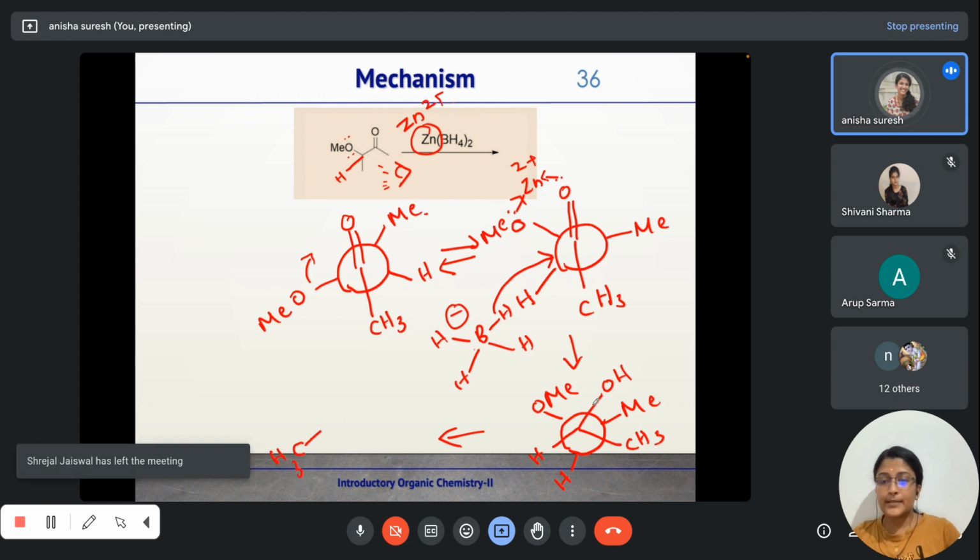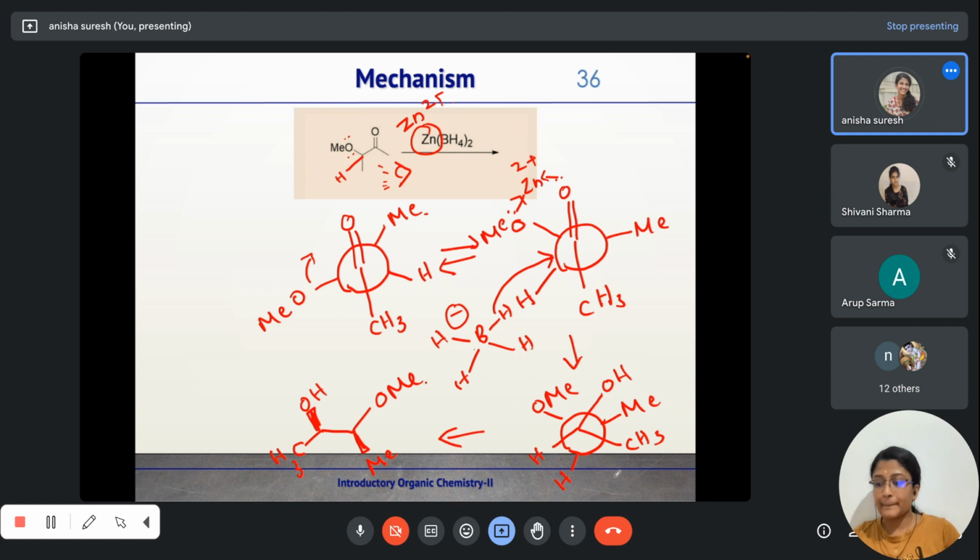This OH is above the plane, this methyl group is also above the plane, and then OMe. So these are coming in the same plane. Clear?